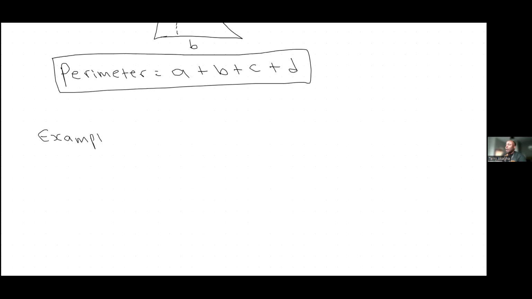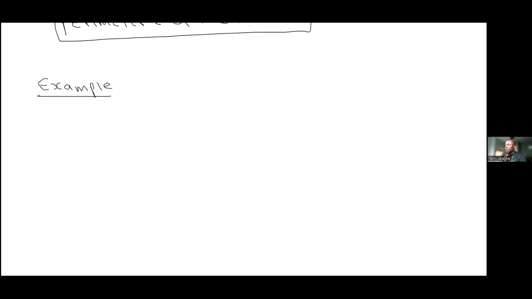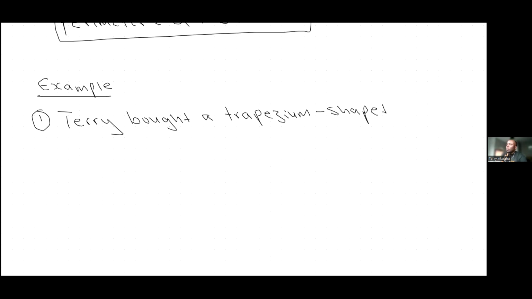The example I have here, we are told that Terry, I'm going to use my name here, bought a trapezium-shaped toy shown below.